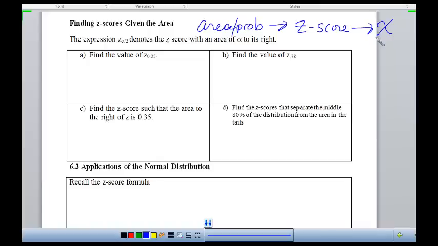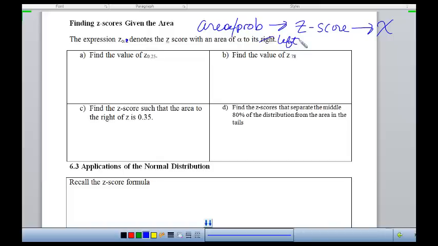Okay? All right, so here, they're not asking us, oh, let me mention this as well. The expression z alpha over 2, and let me take the 2 off for now. We'll save that for another day. The expression z alpha denotes the z-score with an area of alpha to its left.